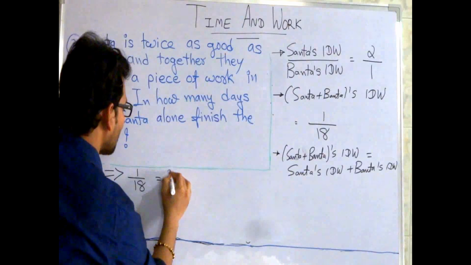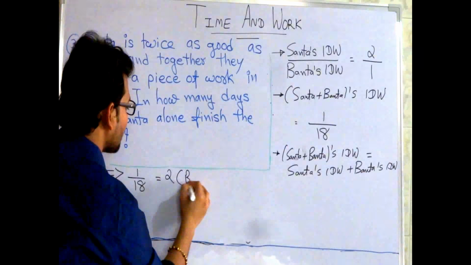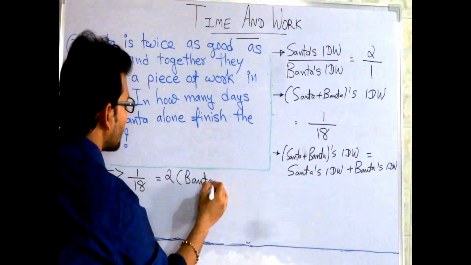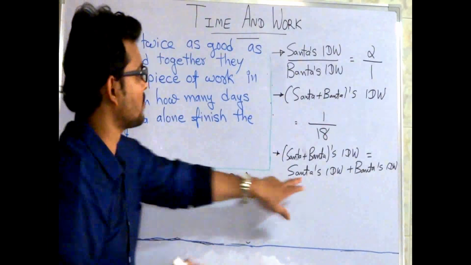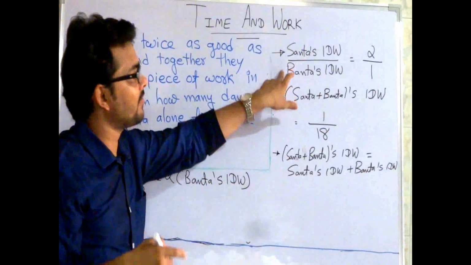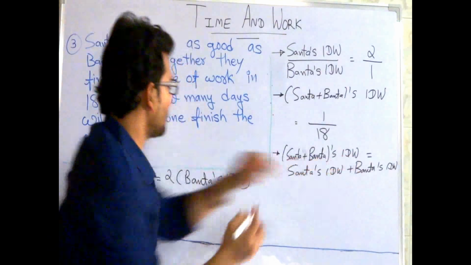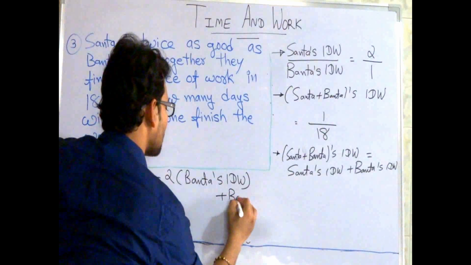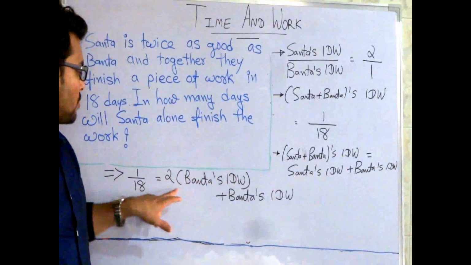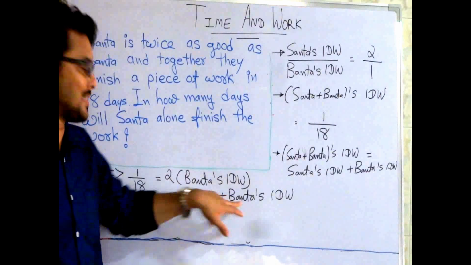So I will write here 2 into bracket Banta's 1 day work. So Santa's 1 day work we have written from here, plus Banta's 1 day work. Suppose x, so 2x plus x, that is 3x.